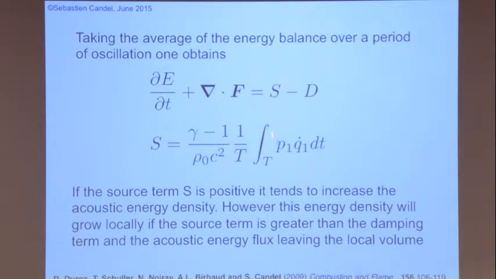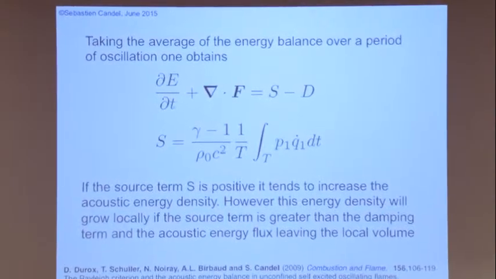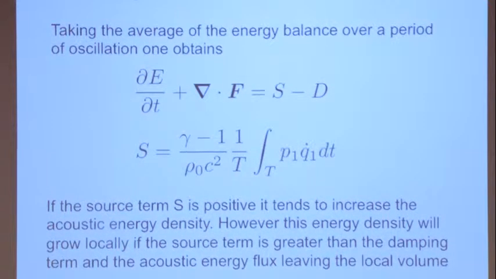Coming back again, when we take the expression for the instantaneous balance and integrate it over a period with harmonic signals, then you have the energy integrated over a period, the flux integrated over a period, the source term, and the damping term, also integrated over the period. If the source term is positive, it tends to increase the acoustic energy density. However, this energy density will grow locally only if the source term is greater than the damping term and the acoustic energy flux leaving the volume.